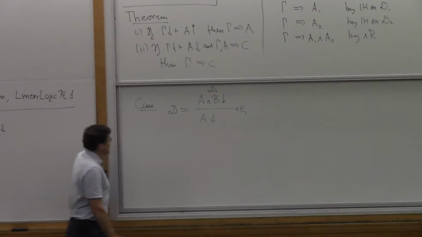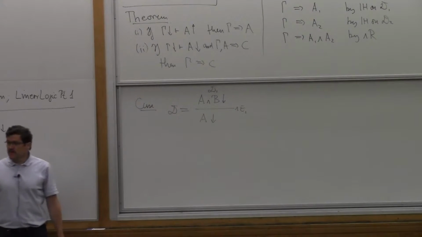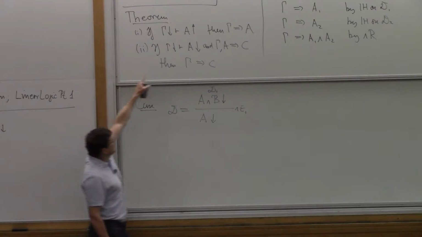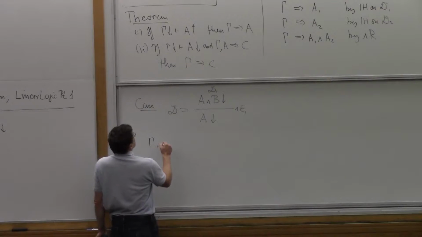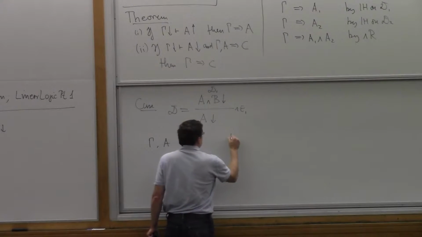Okay? All right, so we're trying to prove case 2, so we know just from the statement. Okay, so we're in case 2, so we know that, and we also know that gamma together with A proves C. So that's an assumption that we can use.